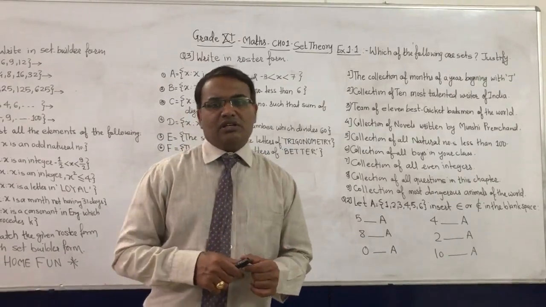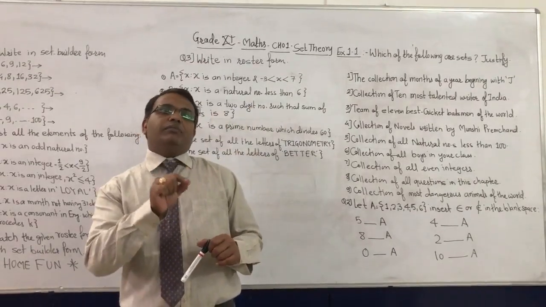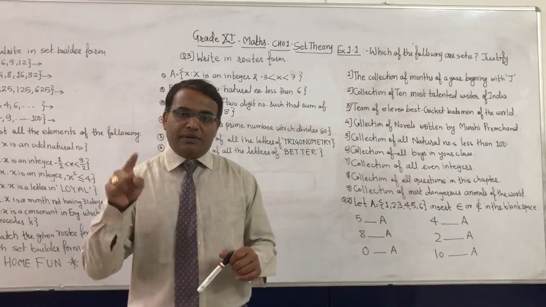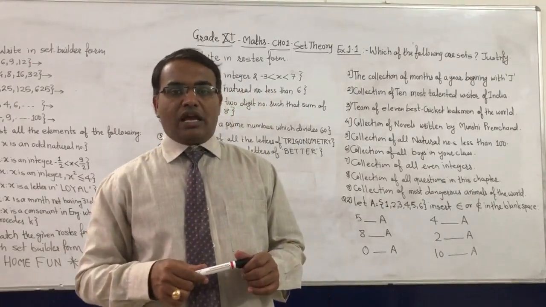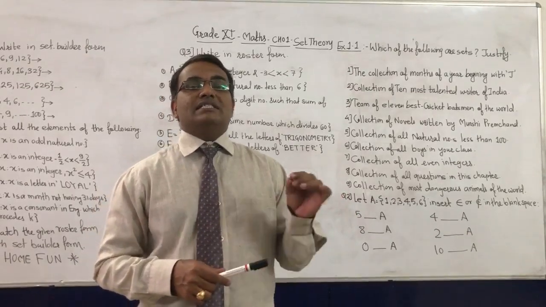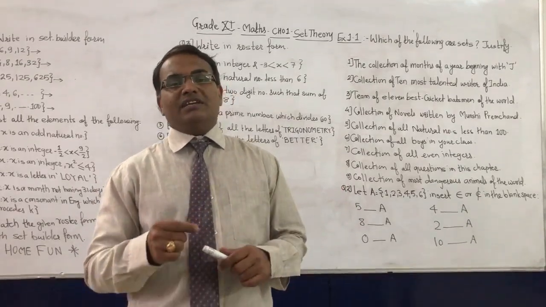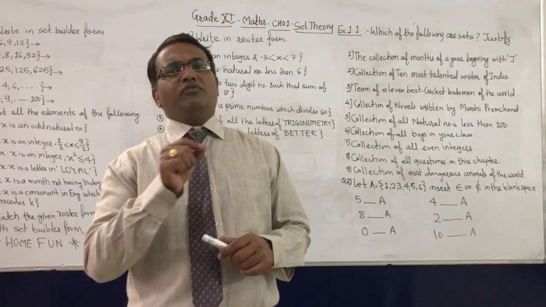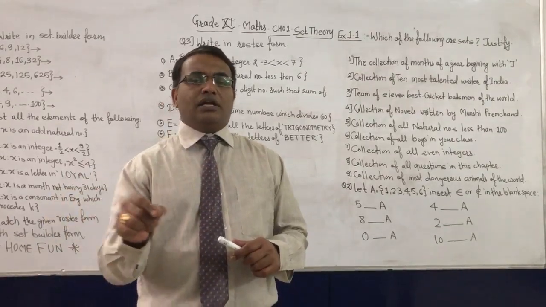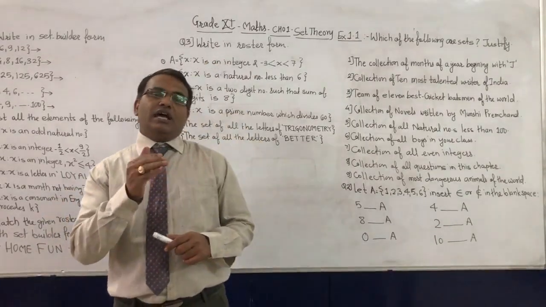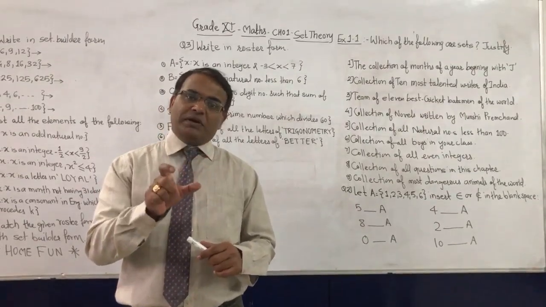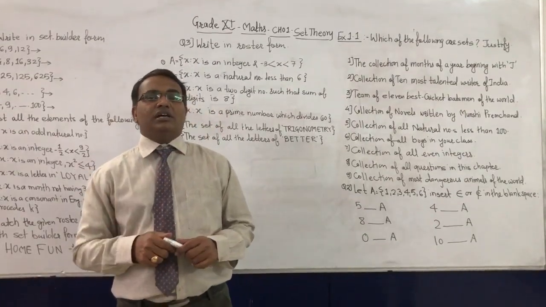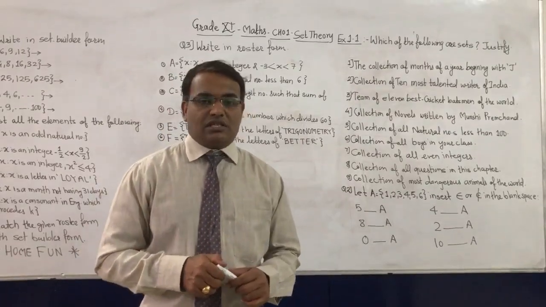In the roster method, every element we have to write in curly braces, putting a comma after each element. The second one is the set builder form. In this, we don't have to write each and every element, but all the elements have some special property. That special property only we have to write down in the curly braces.